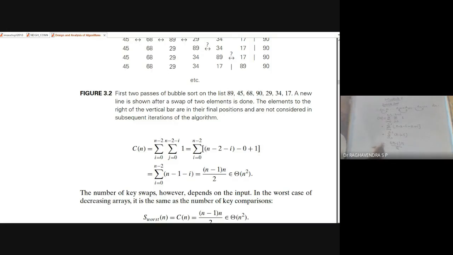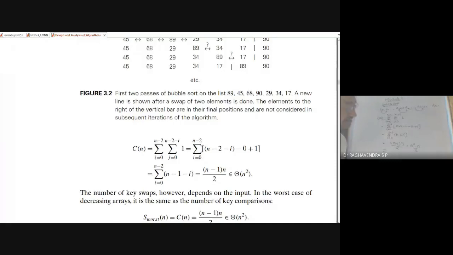So this is what we are going to get finally. Yes or no? So n into n, that is n square minus n by 2.